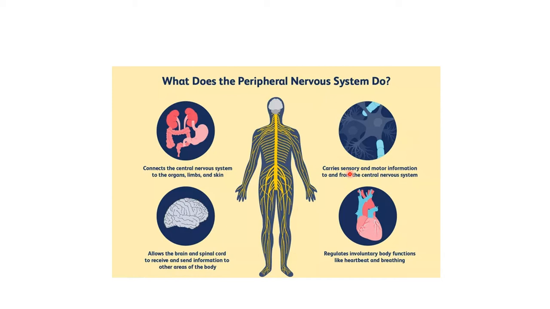It carries sensory and motor information to and from the central nervous system. Then finally, it also regulates the involuntary body functions like the heartbeat and breathing. So these are the broad four functions: connecting the central nervous system to the whole of your body organs, skin, limbs, then receiving and giving the information, plus controlling the involuntary body functions like heartbeat and breathing.